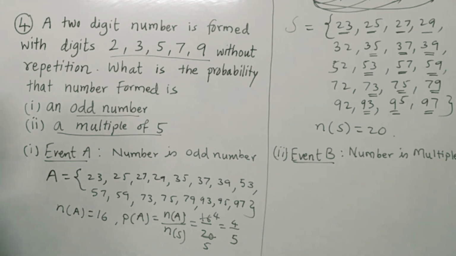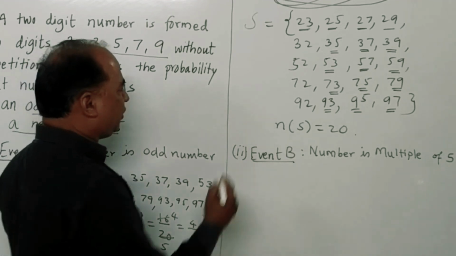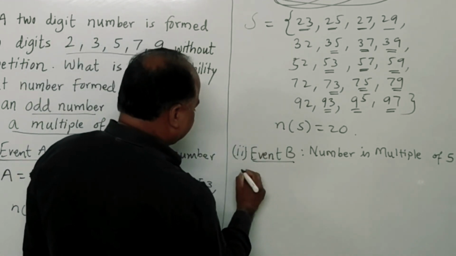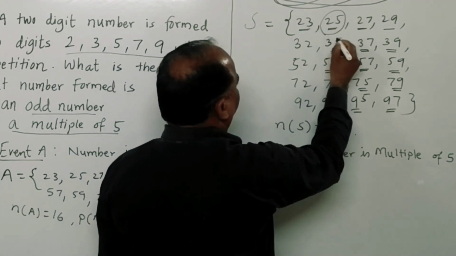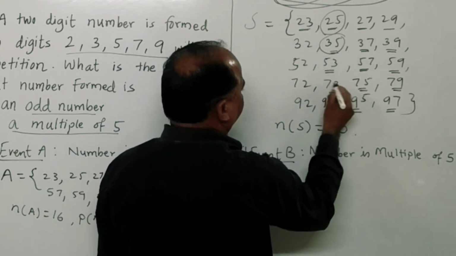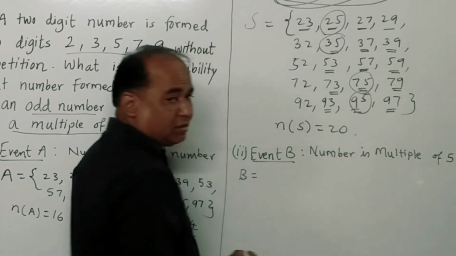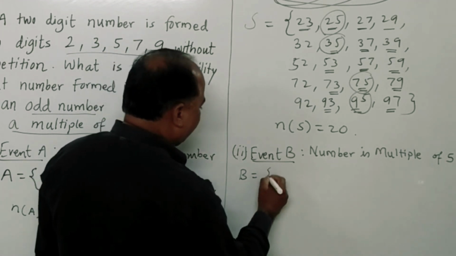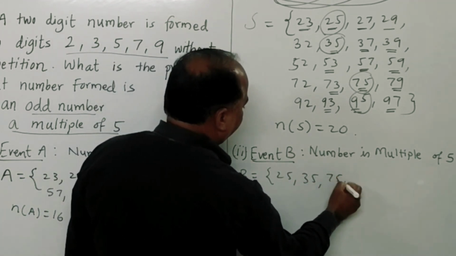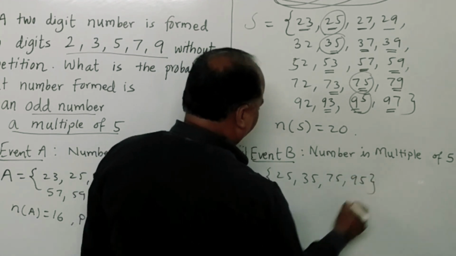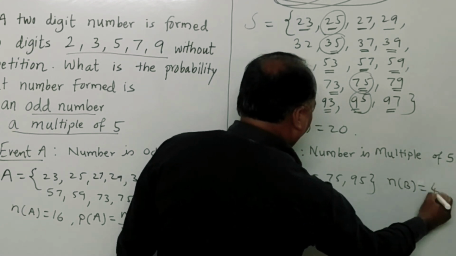Now event B, that the number is a multiple of 5. In the sample space, the numbers which are multiples of 5 are 25, 35, 75 and 95. These are the 4 numbers which are multiples of 5. So the number of sample points in event B is equal to 4.